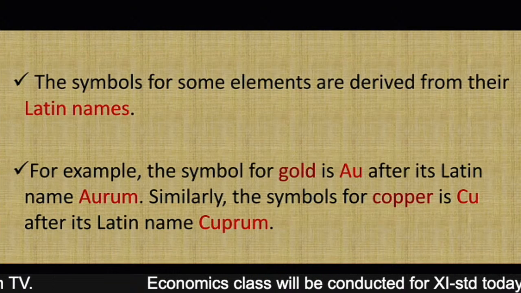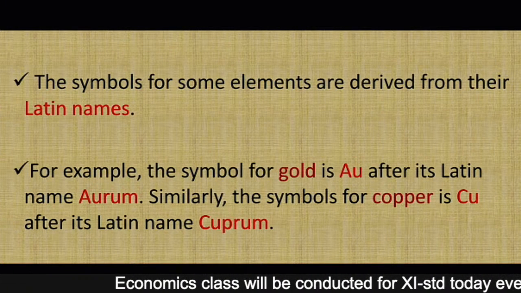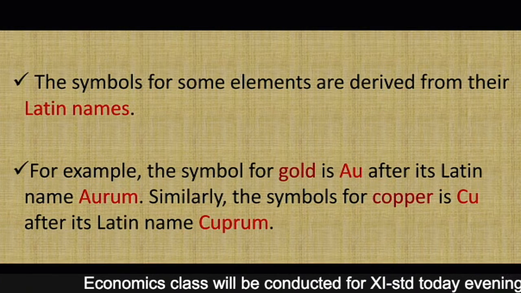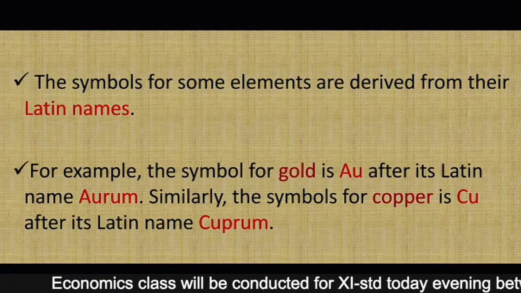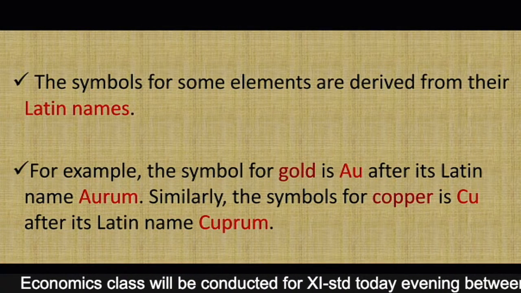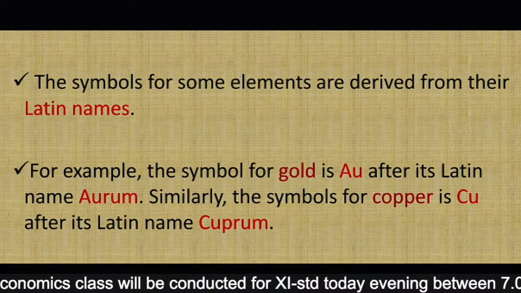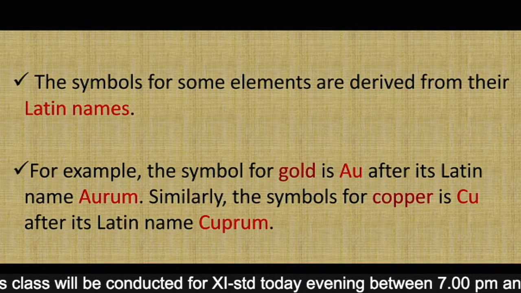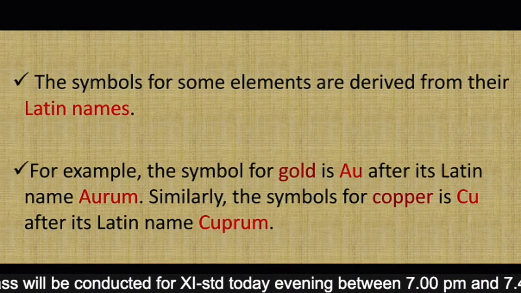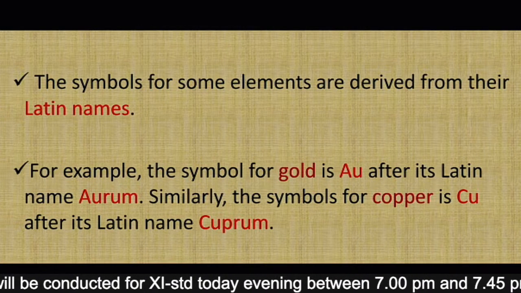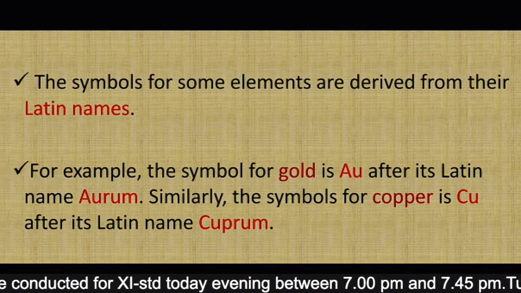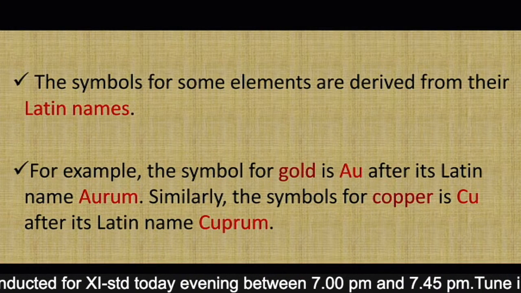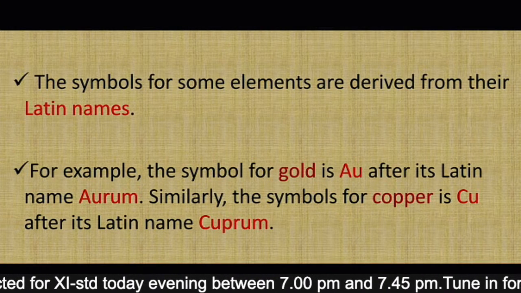Next point, rule: the symbols for some elements are derived from their Latin names. Many symbols come from their Latin names. For example, the symbol for gold is AU, capital letter A and small letter U. Gold starts with G, so it should be G. Why is it AU here?